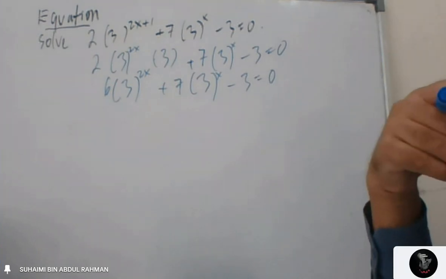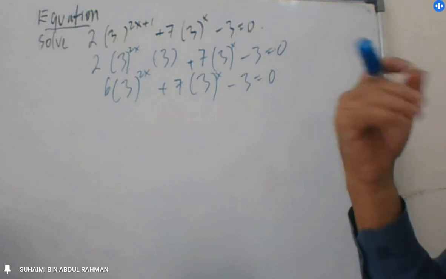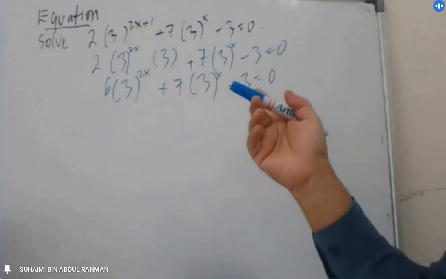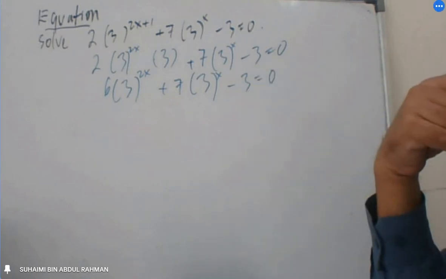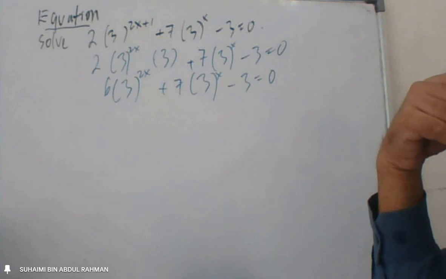We can do a quadratic equation. How to make a quadratic equation? Let 3 to the power of x equal y. Do we have 3 to the power of x there? Yes.